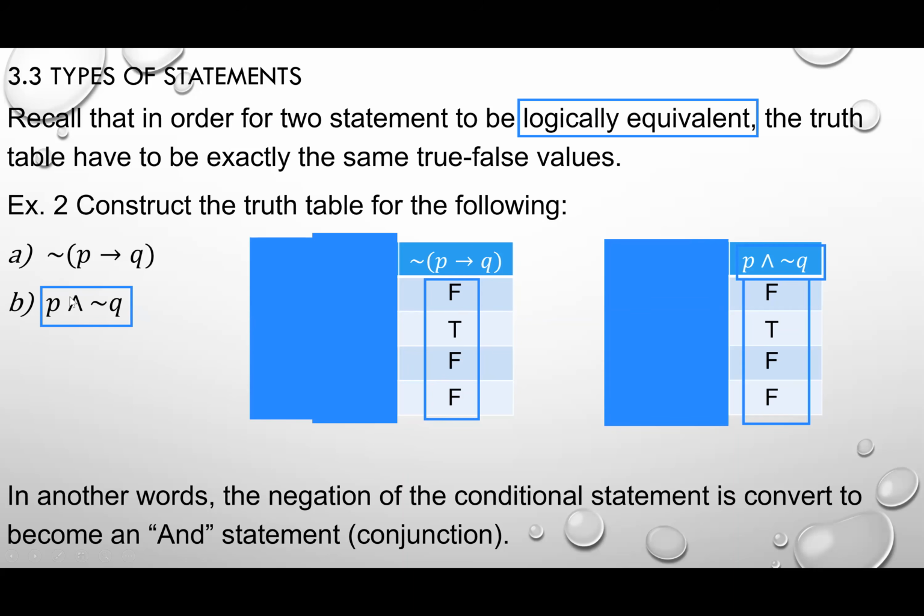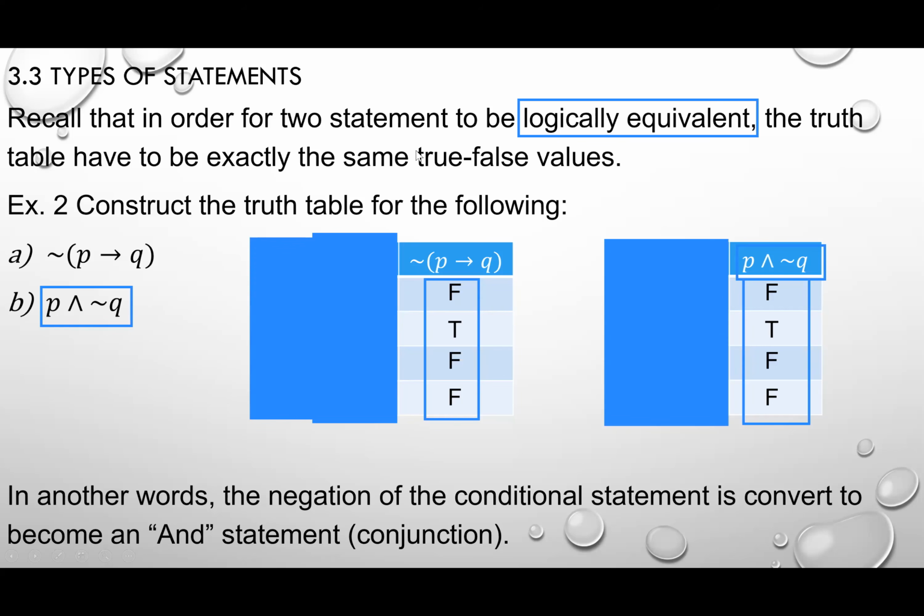The negation of a conditional statement is the AND statement. Why do I mention that? Because, first of all, the two items are equivalent. And basically, this is the negation of a conditional statement. And instead of saying the negation of a conditional statement, we say P and not Q, because they are logically the same.